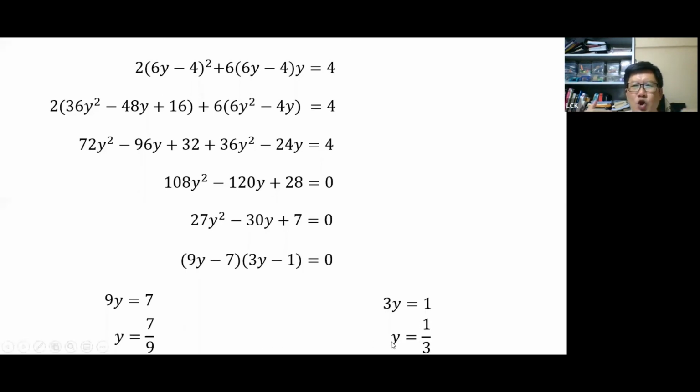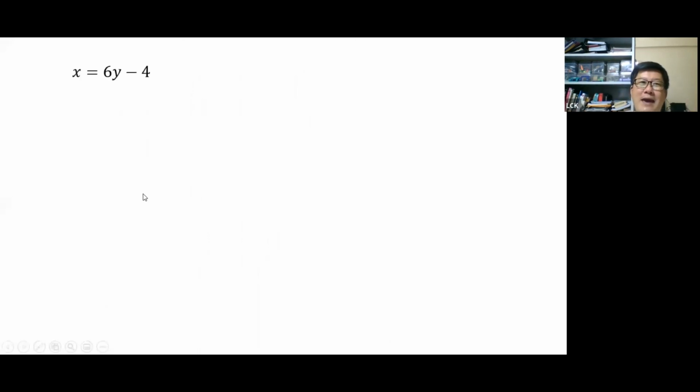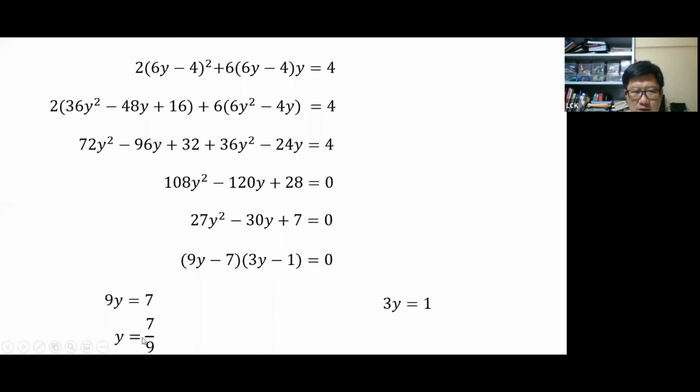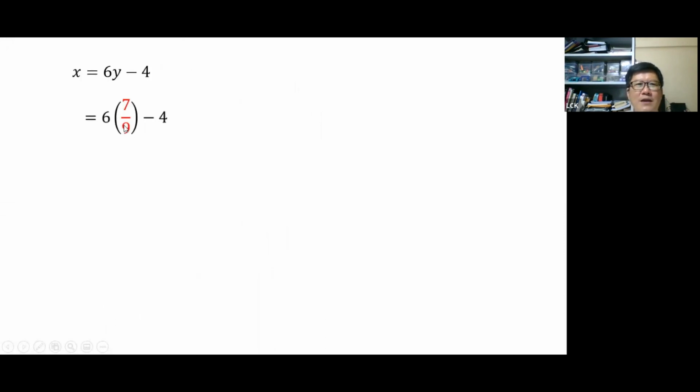Now we've got to get the corresponding values of x, all right? So we tackle it one by one. x, you remember, is 6y minus 4 from earlier. And so we substitute 7 over 9 from here. When you do the math, it's 14 over 3 minus 12 over 3.